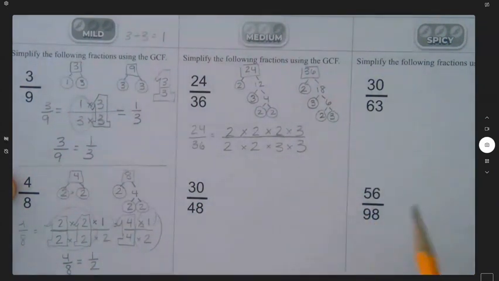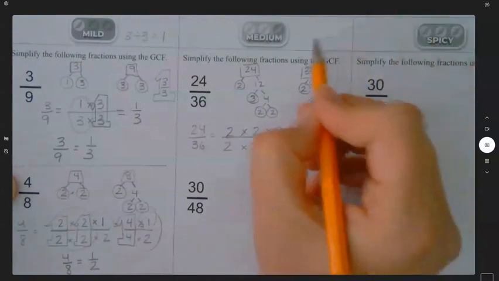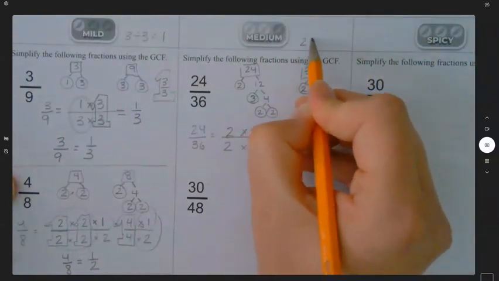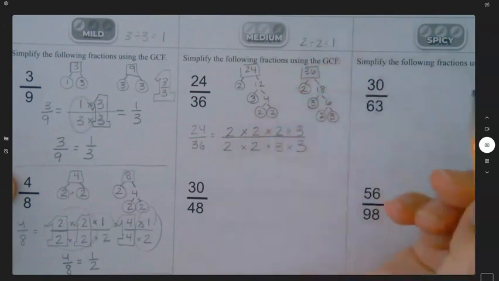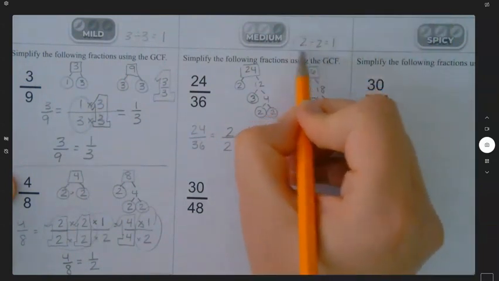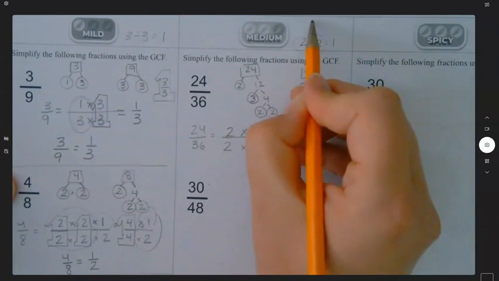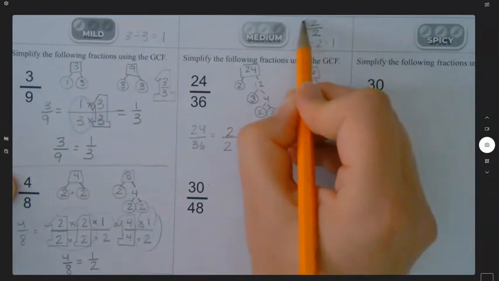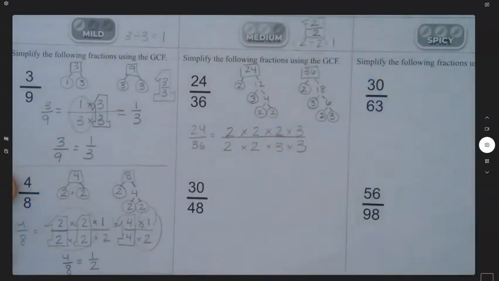So now I'm going to go through and look for my giant ones, because what I know is that any number divided by itself is equal to 1. And I can write a division problem as a fraction, 2 divided by 2, and that can still be equal to 1.